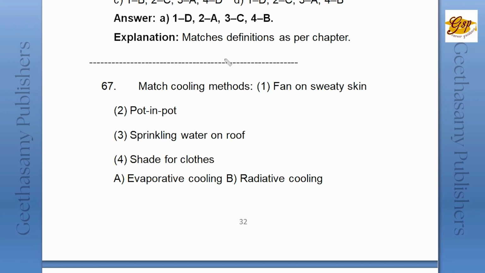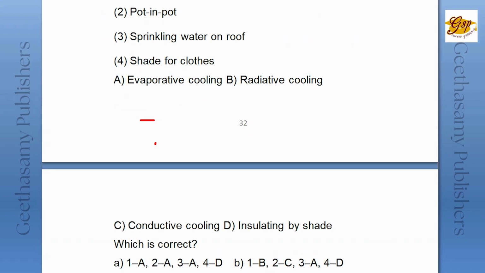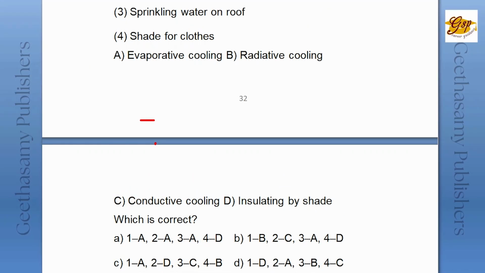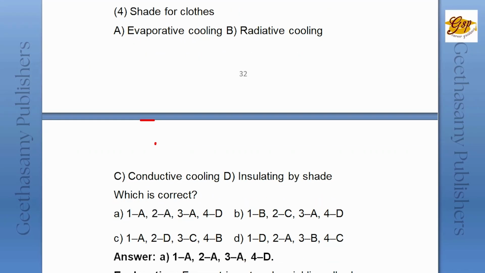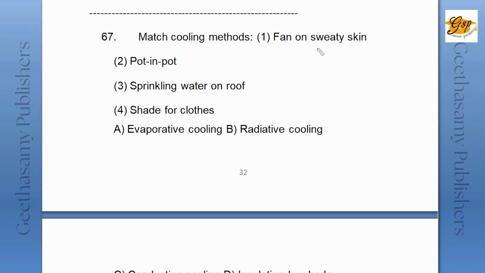Again, match the methods: fan on sweaty skin, pot in pot, sprinkler water, and shade for cloth. When we look at this, the correct answer is A. Everything is A. Fan on sweaty skin is evaporative cooling.